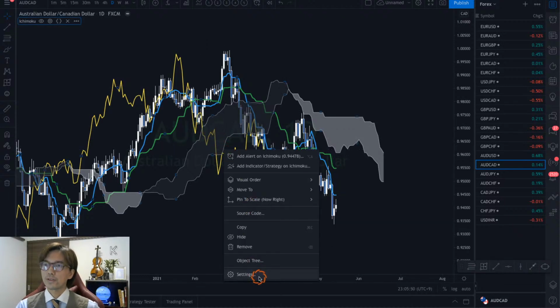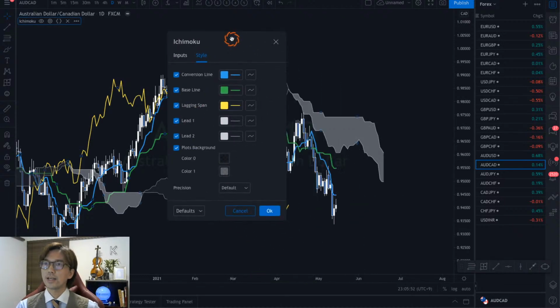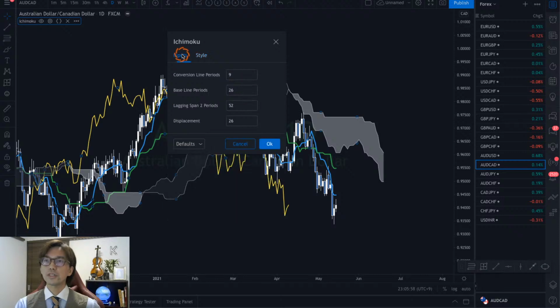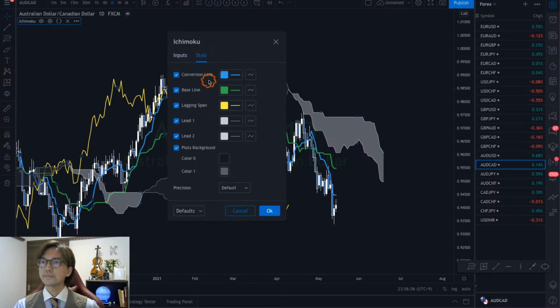So here is my setting of Ichimoku. In terms of inputs, these are the defaults: 9, 26, 52, and displacement 26. So that's the Ichimoku I'm using as my main indicator.